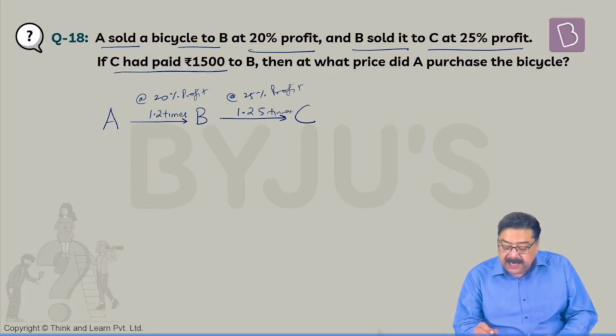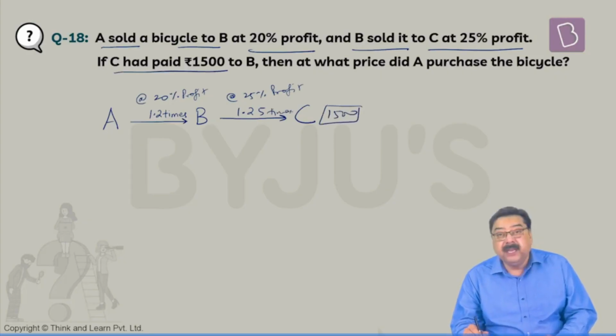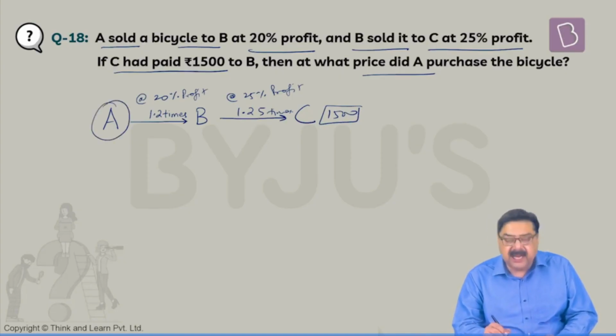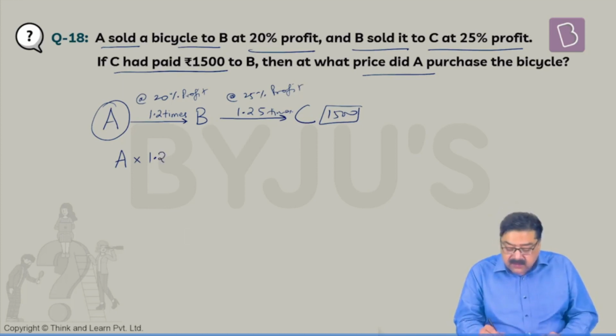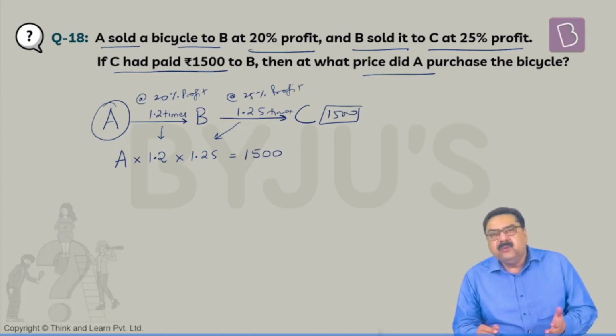If C had paid rupees 1500 to B, then at what price did A purchase the bicycle? So let us say A purchased the bicycle for rupees A. So for rupees A, it got multiplied. It became this, which is the cost price for Mr. B. The price was first increased 1.2 times. Then it was increased 1.25 times, which was the price paid by C to B. So two ways of solving this.